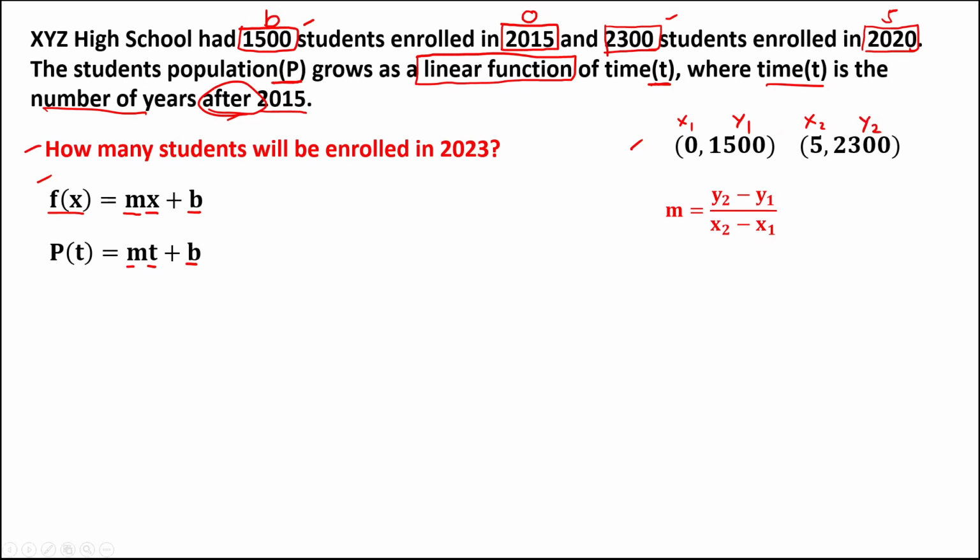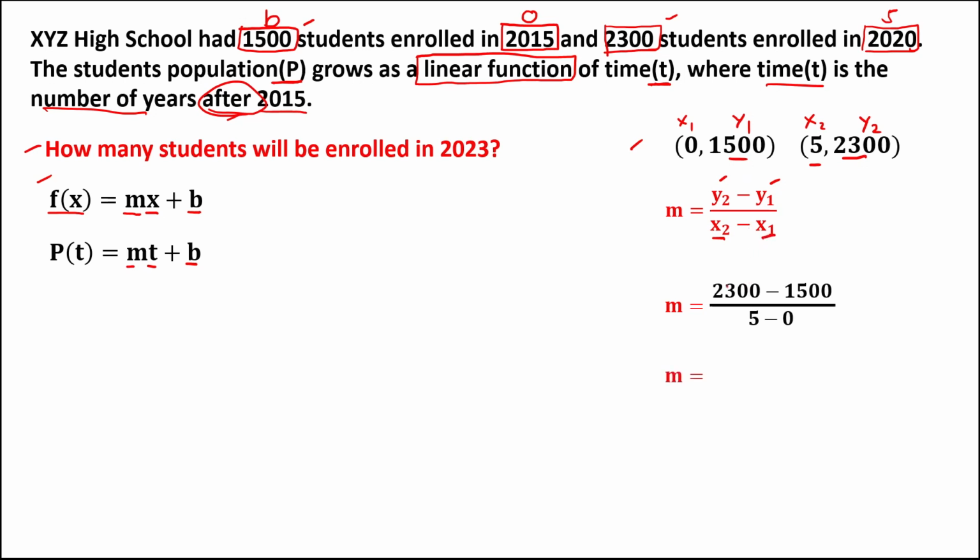So substitute now the values. For y sub 2, that's 2,300, minus y sub 1, that's 1,500, over x sub 2, that's 5, minus x sub 1, that's 0.